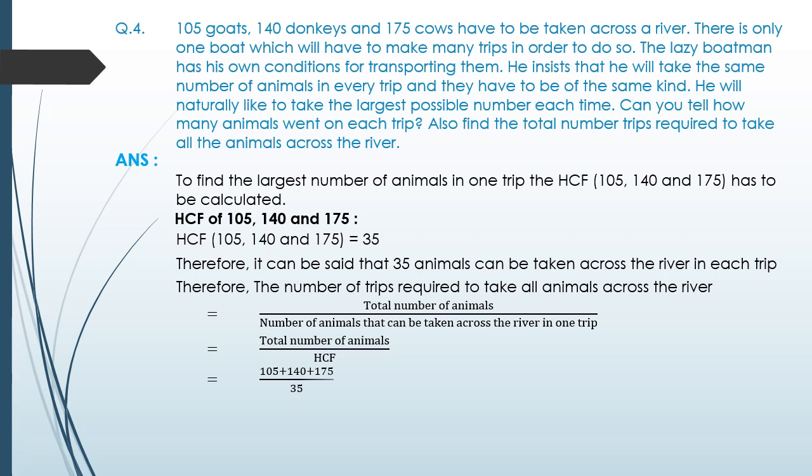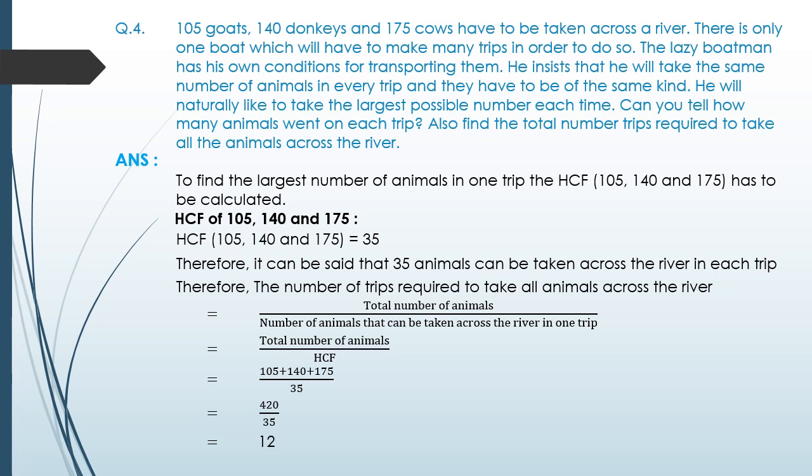So put the values. So we'll get 105 goats plus 140 donkeys plus 175 cows divided by 35. That is nothing but 420 divided by 35. That is nothing but we'll get 12. So that boatman needs to do 12 trips in order to take all the animals across the river. So this is the end of this answer.